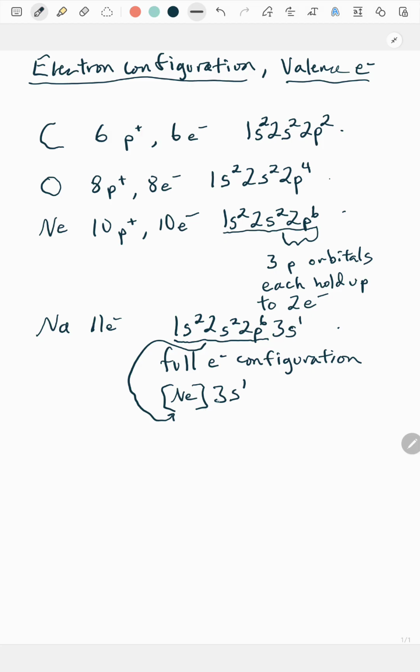This is what we call the noble gas shorthand electron configuration. We only do this with the noble gases, so neon, argon, krypton can be used to shorten how much you have to write.